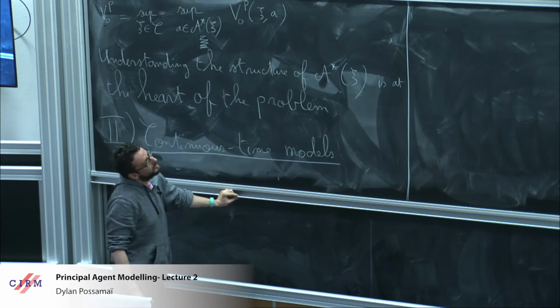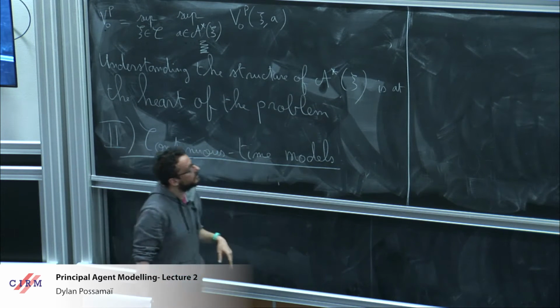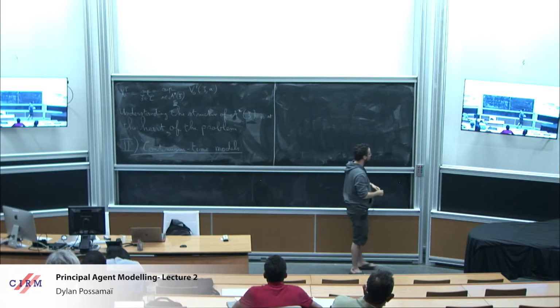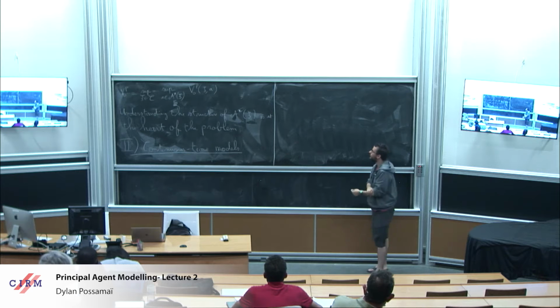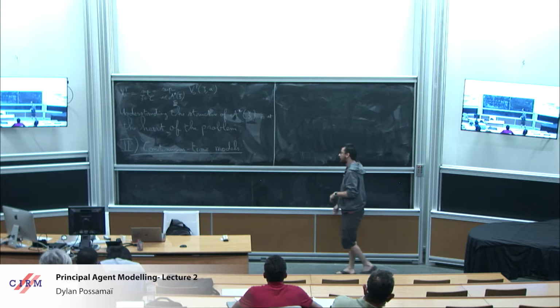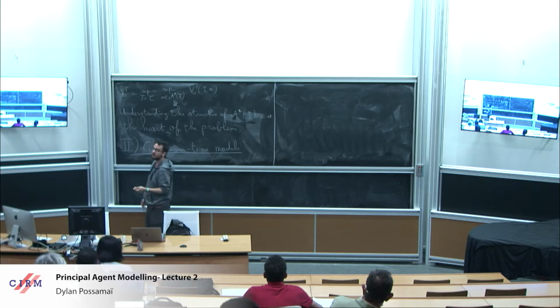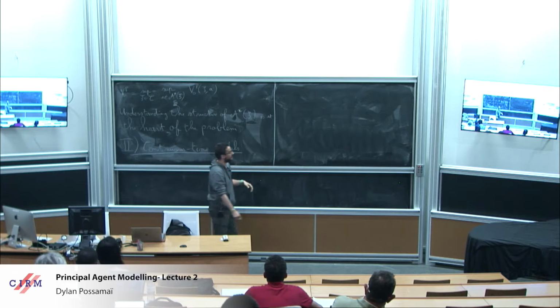And you should realize rapidly once I write down the problem that understanding what this set looks like is just a matter of applying what is usually called the Martingale optimality principle, which is a way to characterize optimizers in some optimal stochastic control problems.